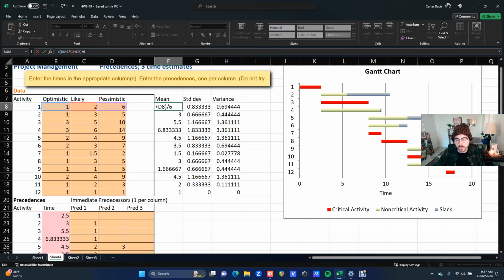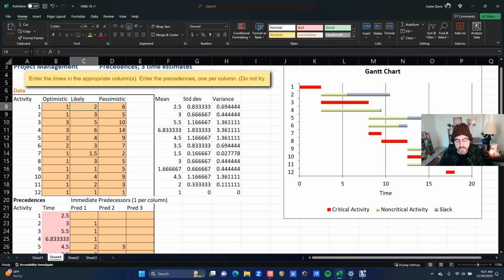So you have a count of 6: you're counting the first one once, the second one 4 times, the last one once. Then you divide by 6 to find that weighted average. So you're weighting the likely time 4 times as much as the other 2.